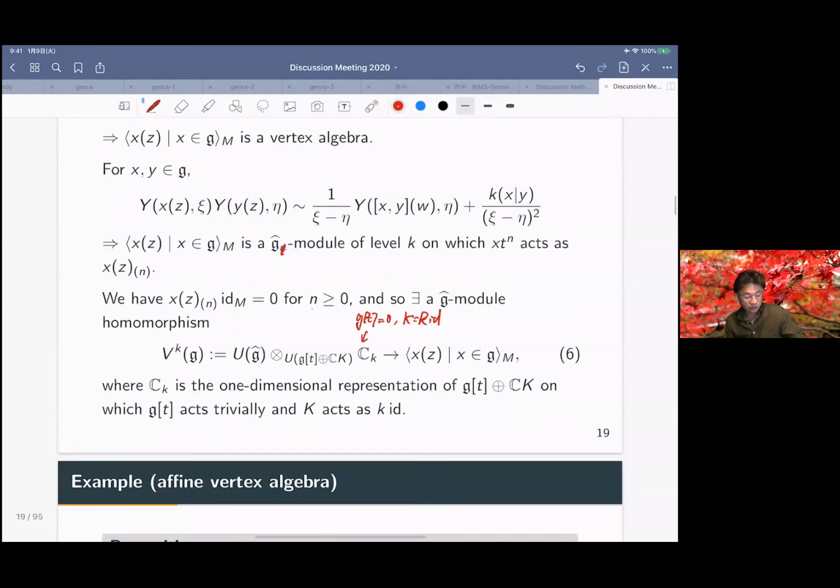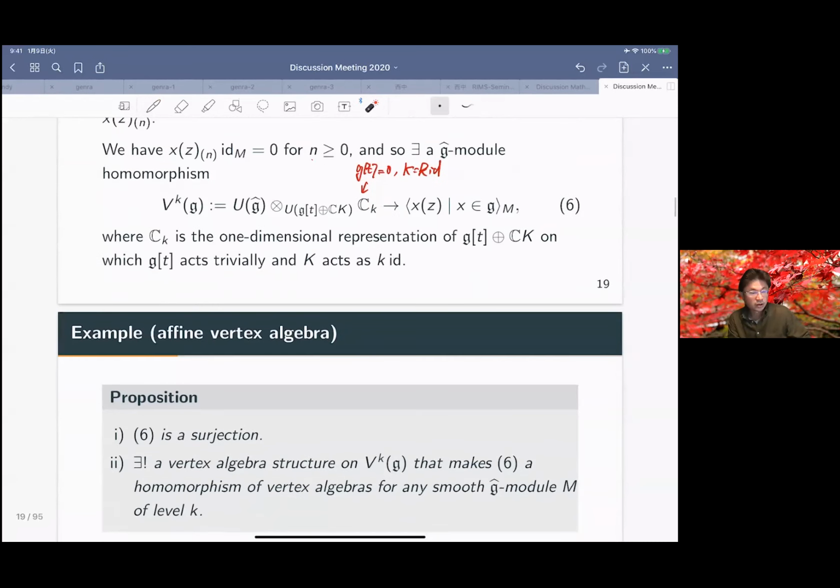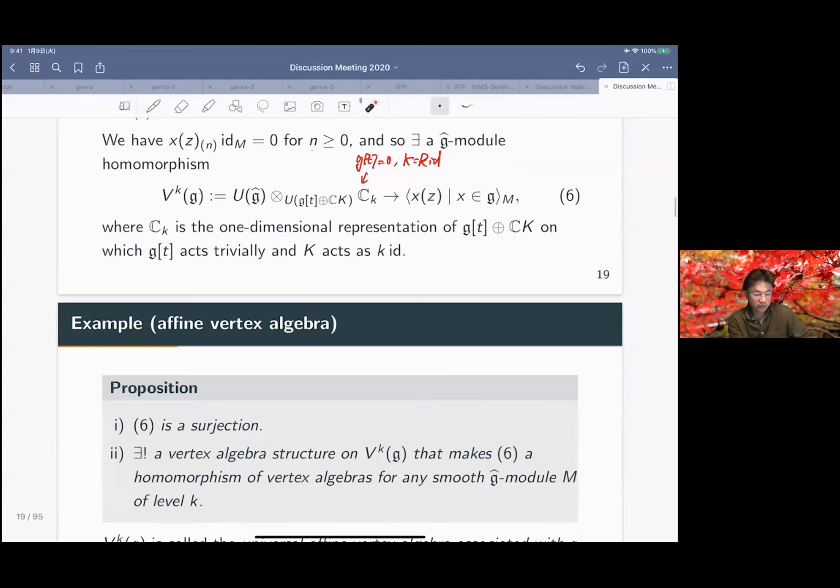And the statement is that this map of the algebra homomorphism is always a surjection for any smooth G hat module M. And there's a unique vertex algebra structure on this induced representation, which makes this a homomorphism of the vertex operator for any smooth G hat module M of level K.